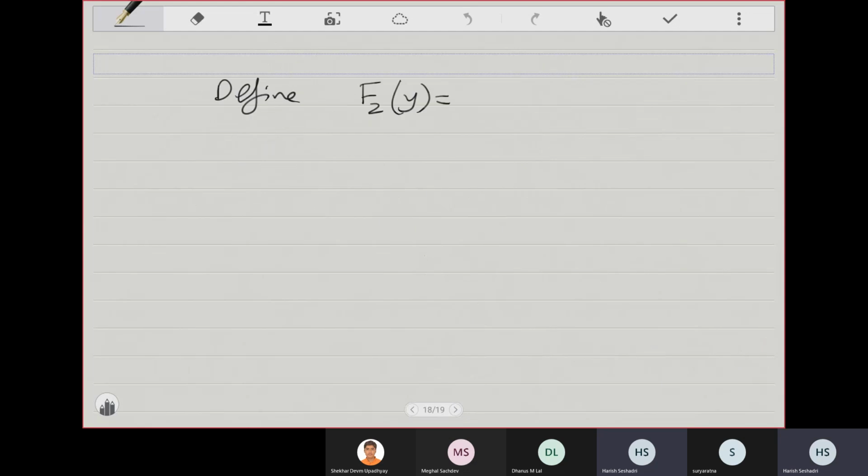So F2 of Y is defined to be B1, the flip, composed with F1, composed with G1 inverse of Y, where Y is in V2.